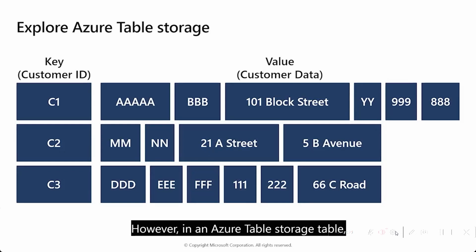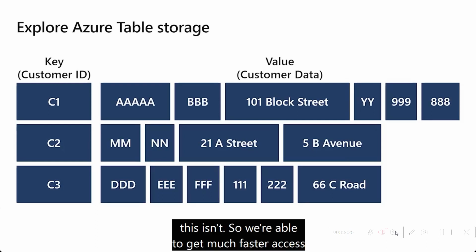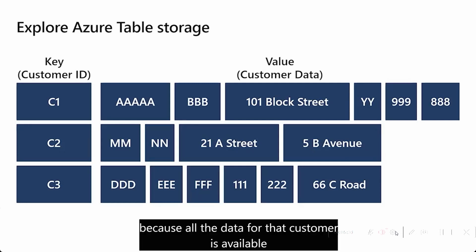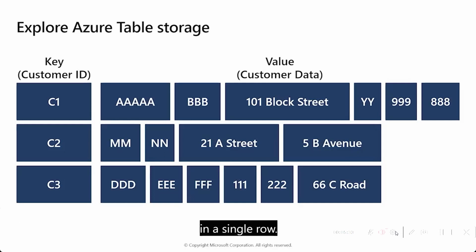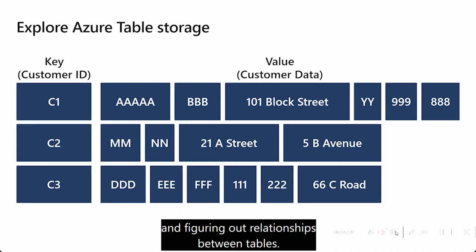However, in an Azure Table Storage table, this isn't. So we're able to get much faster access to the details of a customer because all the data for that customer is available in a single row. So you don't have to perform any complex joins across tables and figuring out relationships between tables.